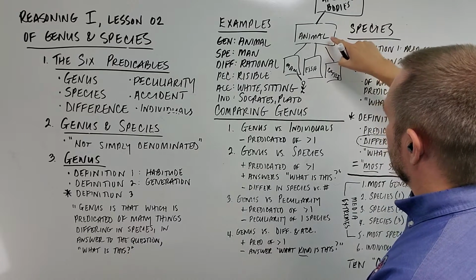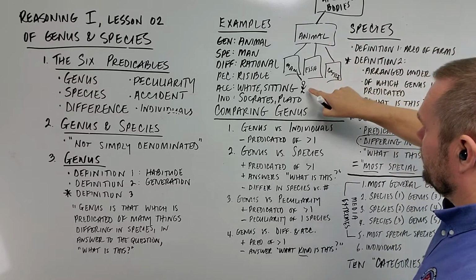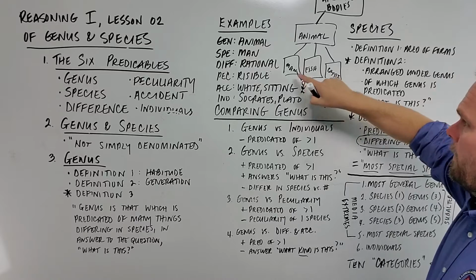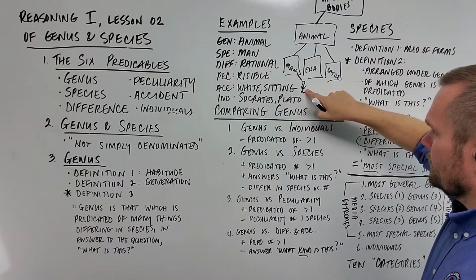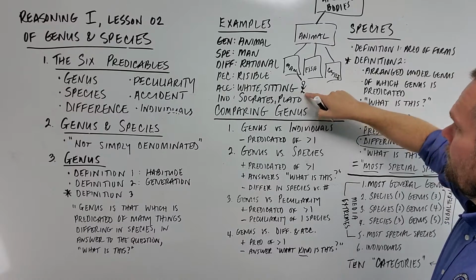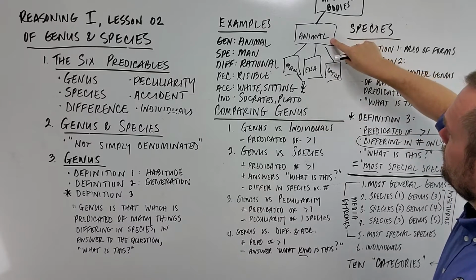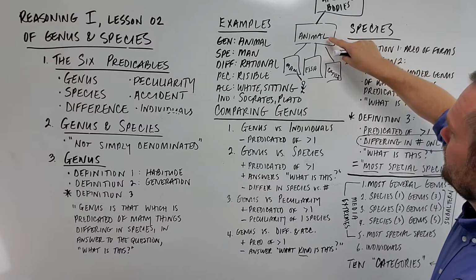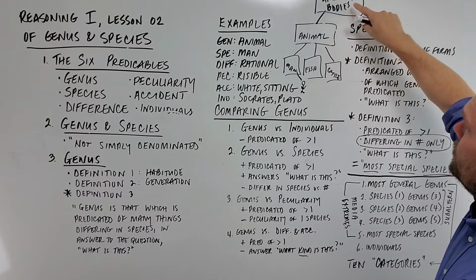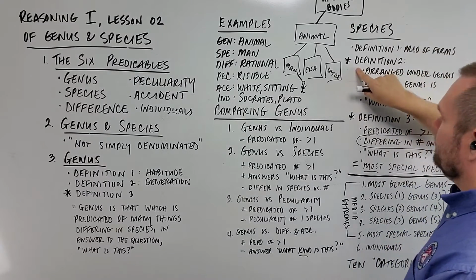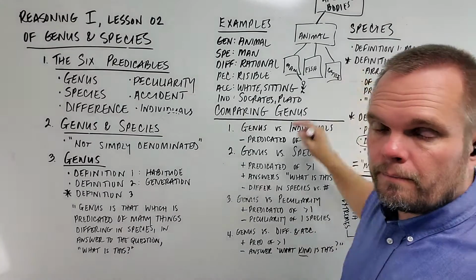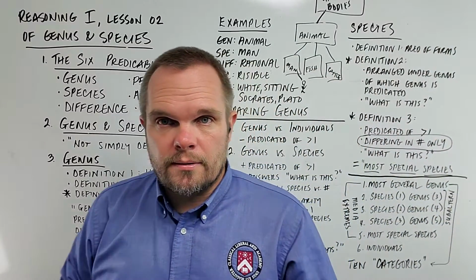Animal is the genus of Socrates. Man is the most special species of Socrates. But animal here, because it's a class that belongs to a higher class, matches definition number 2 and is a species.